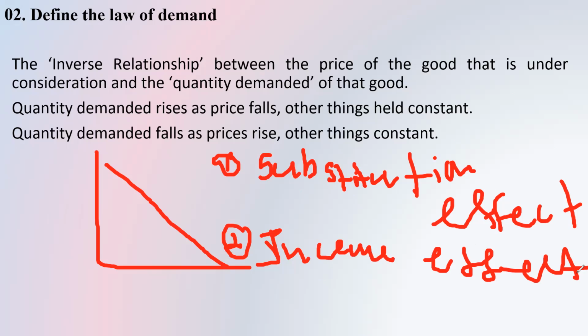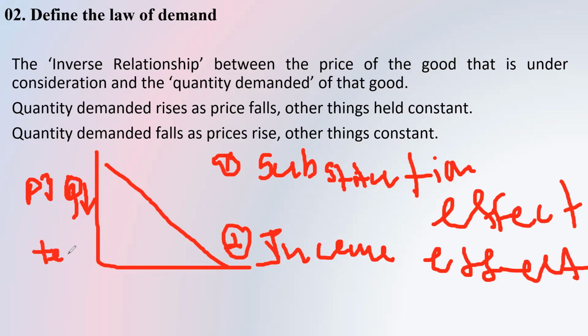So what does this substitution effect mean? When we consider one side, for simplicity, we'll consider only one side for this example. What will happen when the price increases? When the price increases, why does the quantity decrease? Say, for example, the price of tea.